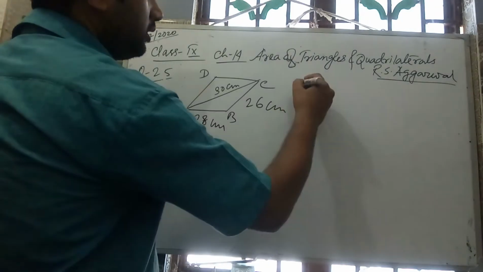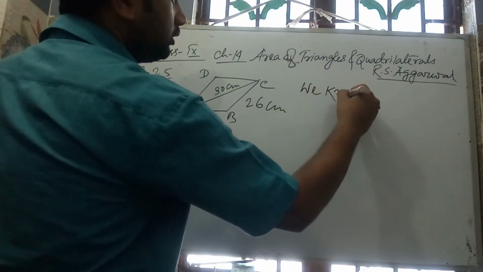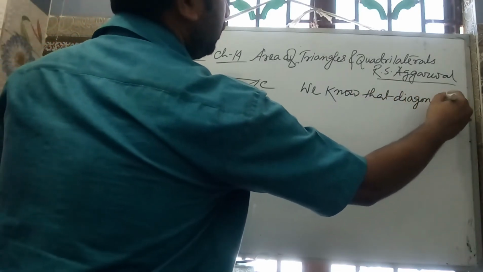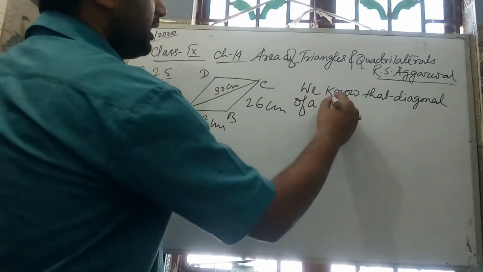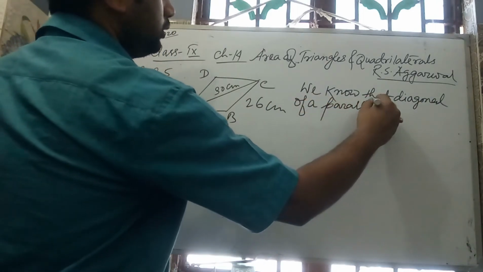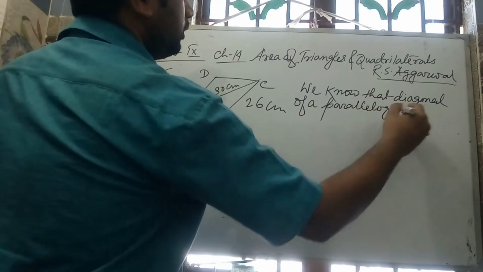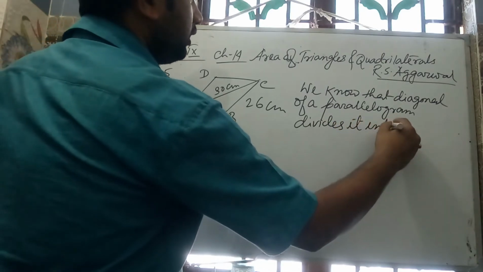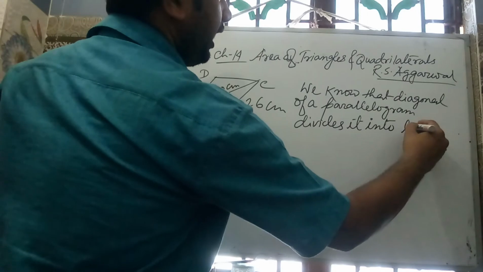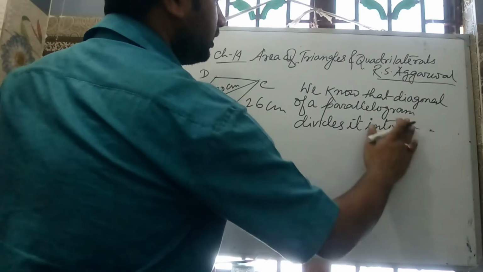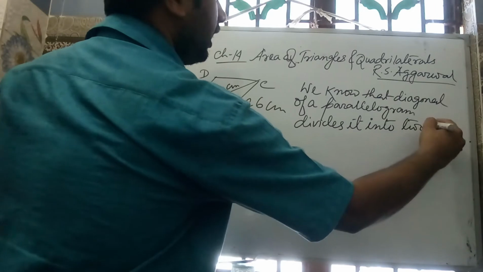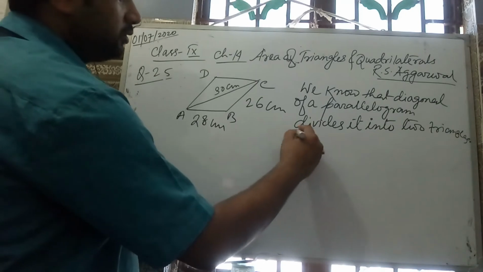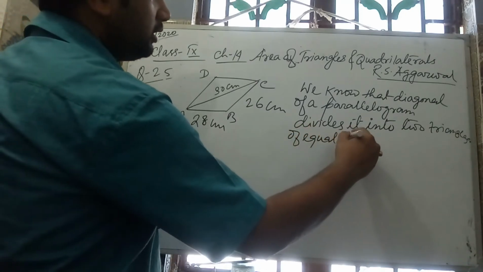Write it down. We know that diagonal of a parallelogram divides it into two triangles of equal area.